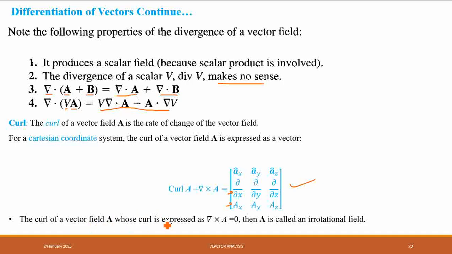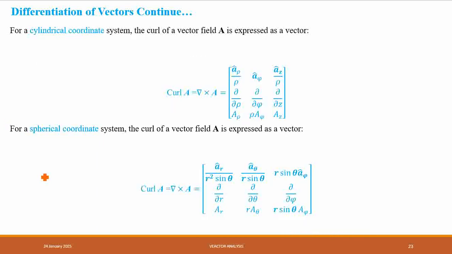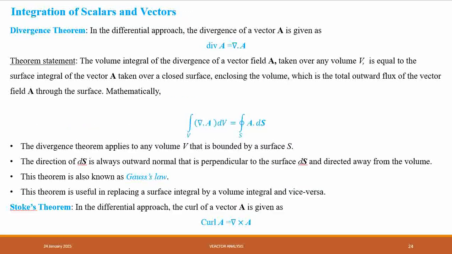If the curl of a vector A, expressed like this, gives the value 0, then it is called an irrotational field. In cylindrical form we can also represent the curl of A, and in the spherical coordinate system as this one.